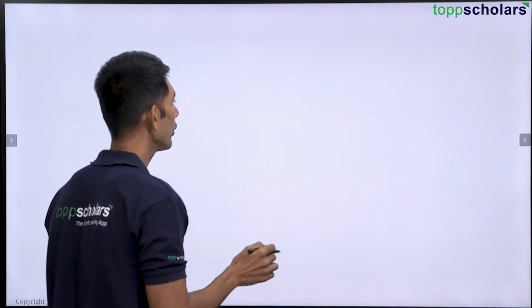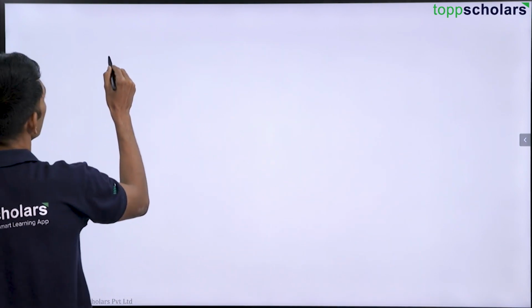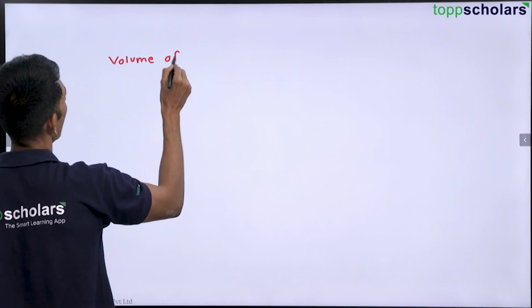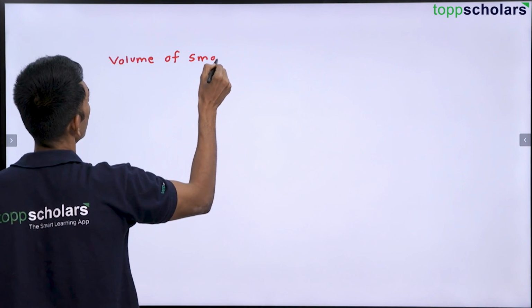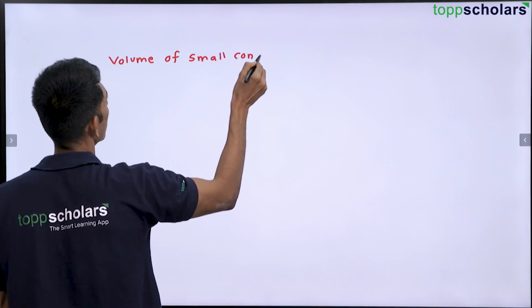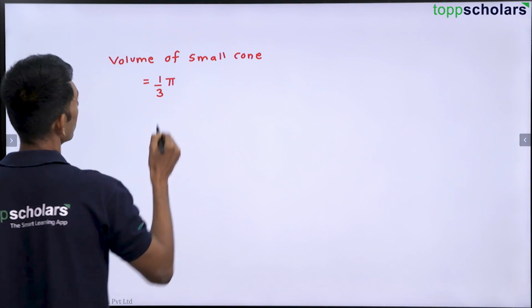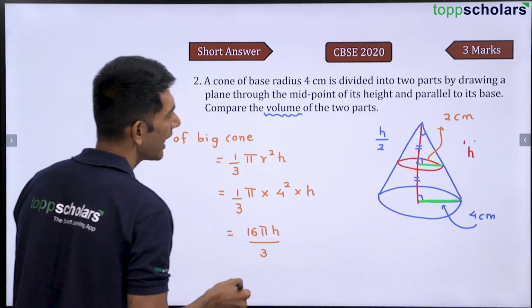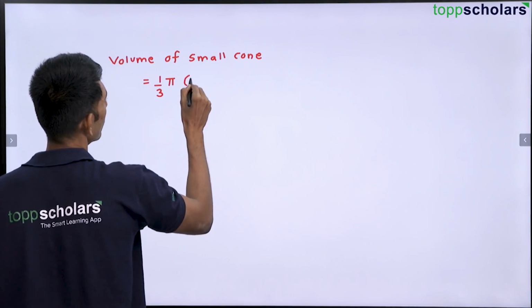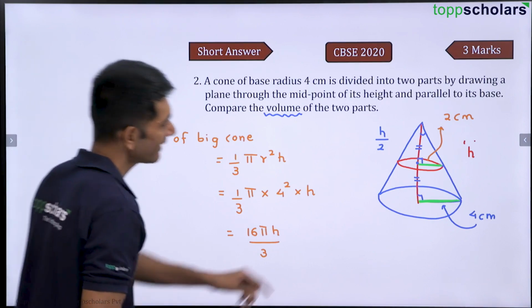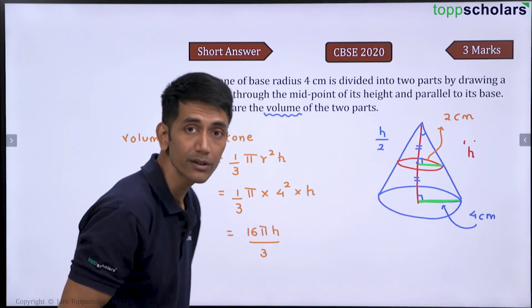Now what will be the volume of the small cone? Volume of small cone will be equal to 1 by 3 pi r square. r square is 2 square, into h. Can I say h is nothing but h by 2 here?